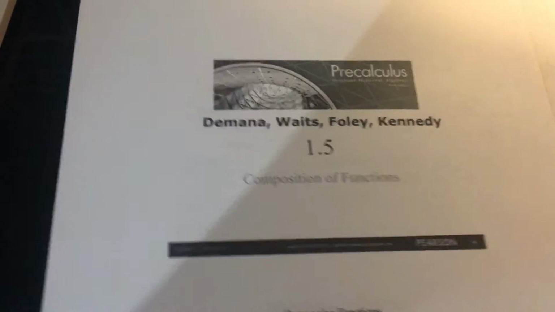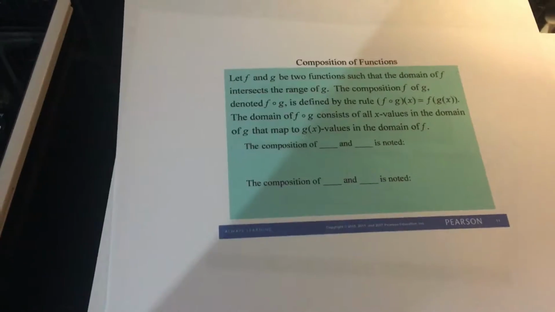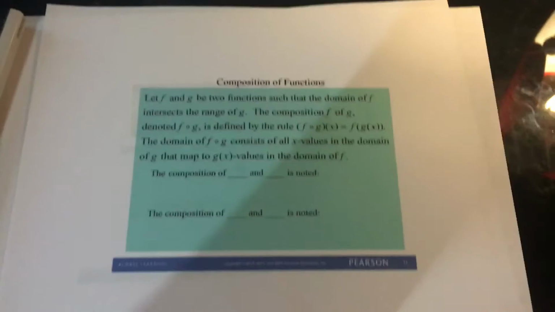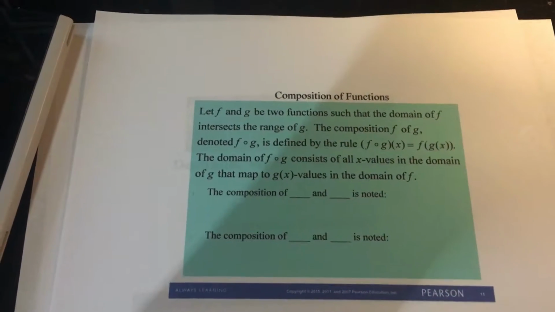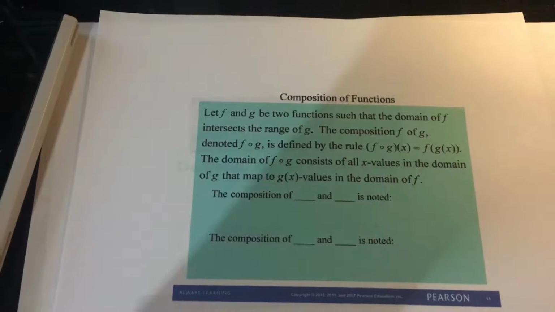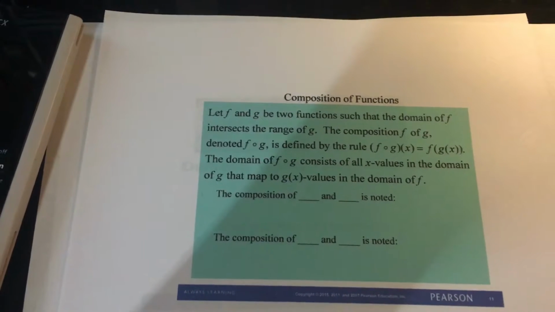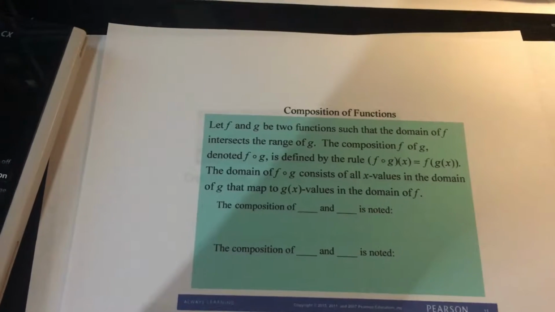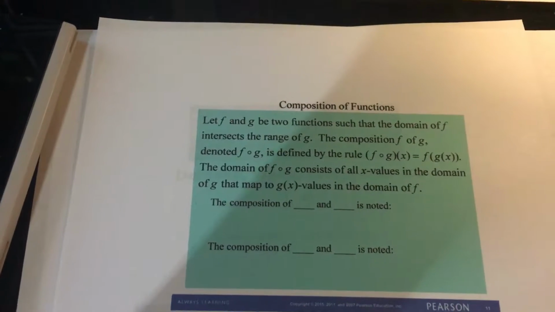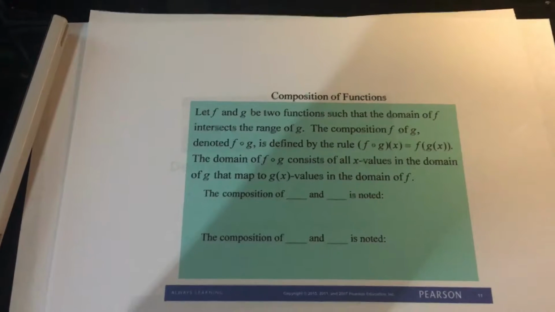You should find in your formula sheet a section called Compositions. This really builds on a lot of what we've been talking about, inputs and outputs. I'm going to have two equations. They don't need to be called F and G, but usually they are.